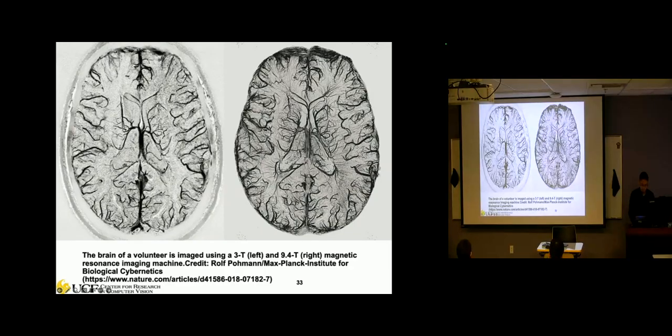Although we can see very clearly all of these different tissues, even blood vessels, if you look at the right side, where we're using a much stronger magnetic field MRI machine, you can see more details, especially these small blood vessels. I think this will be very useful if you need very clear, high-resolution images for some research purpose. Okay.